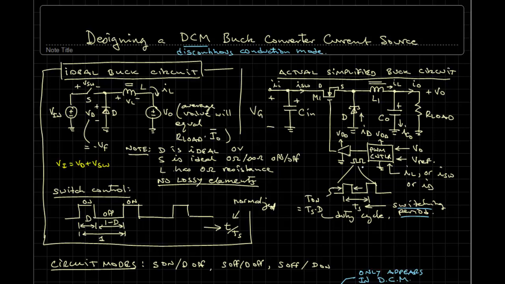It's fine to have an output capacitor Co and an output resistor R load. By ideal, we mean the switch has 0 on resistance, the diode has 0 voltage drop, the inductor has no winding resistance, there's no switching loss. If that's the case, and a lot of times we can get pretty close to that within some range of operation, then we can have a converter where the output voltage does not change even as the output resistance, our load, changes.